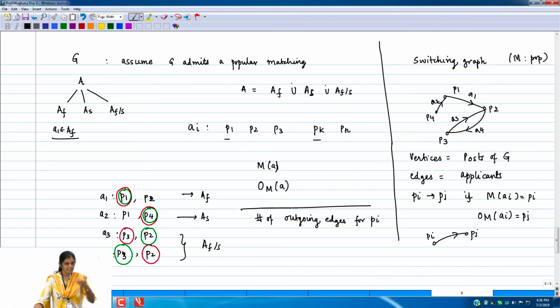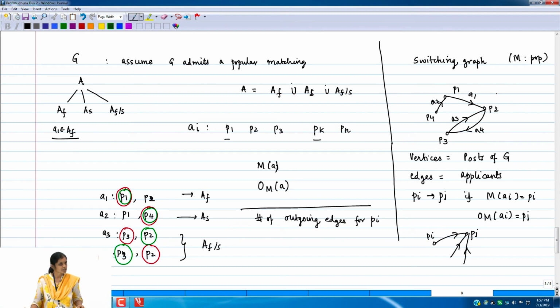But of course, it is either a first post or an S post, because a post cannot simultaneously be treated as an F as well as S. So every post has just one outgoing edge, but a post can have multiple incoming edges, right? In this example we do have multiple incoming edges for P2. So we can have multiple incoming edges, but we cannot have multiple outgoing edges. We have at most one outgoing edge, not exactly one.